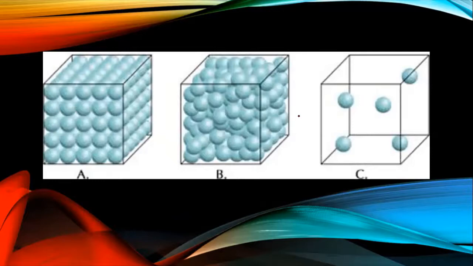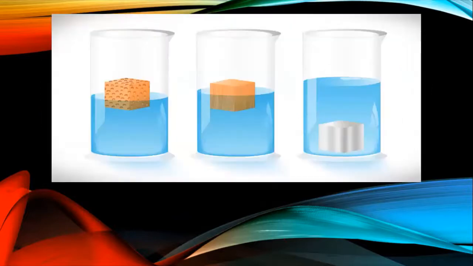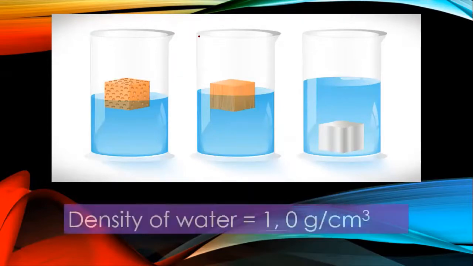All right. So here's a picture of 3 cylinders, and they are half filled with water. Now, an interesting thing I need you to quickly jot down. The density of water is 1 gram per cubic centimeter.